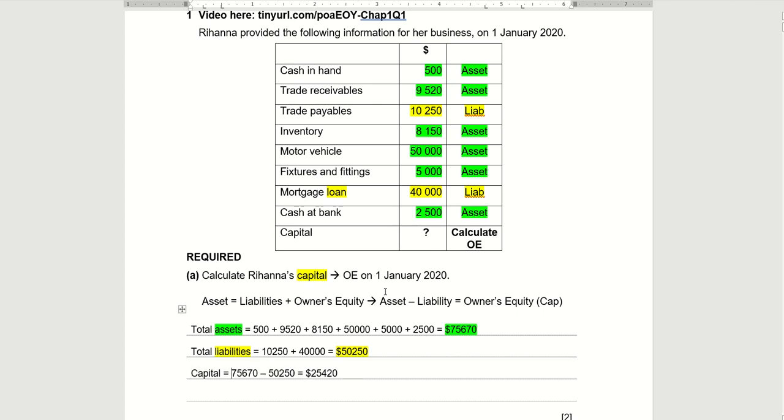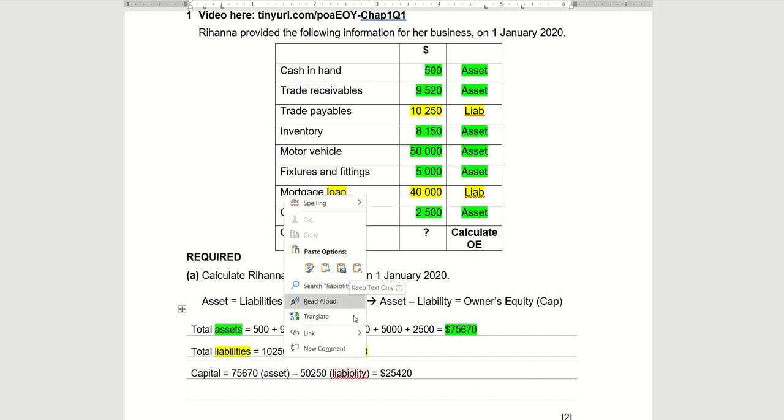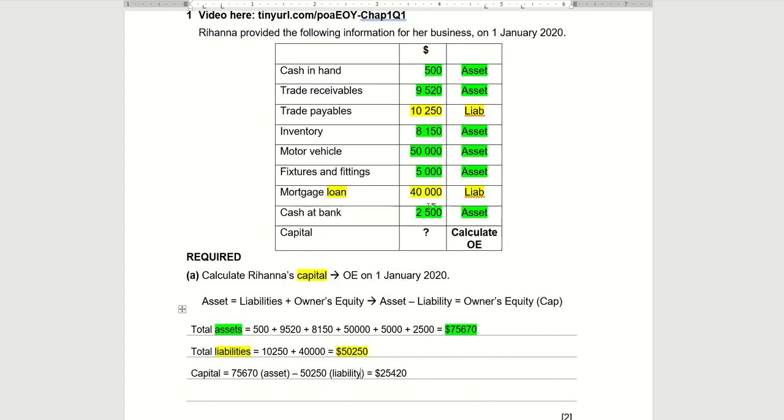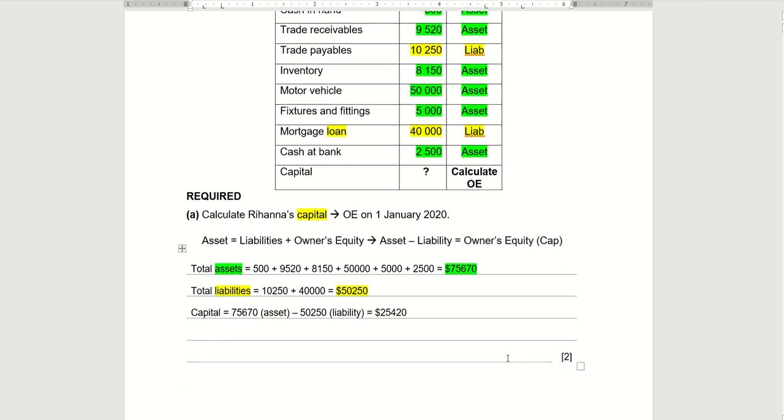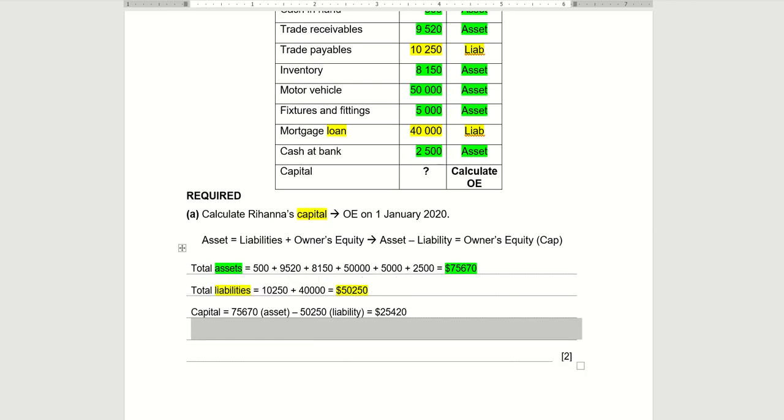Capital equals asset minus away my liability, and I will get my capital amount. What is the mark allocation?